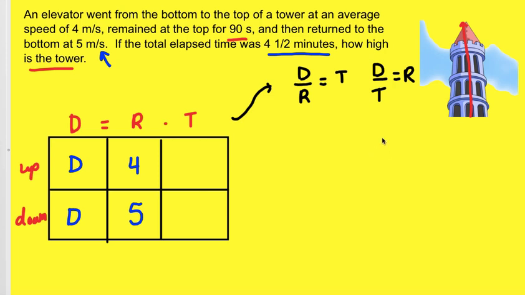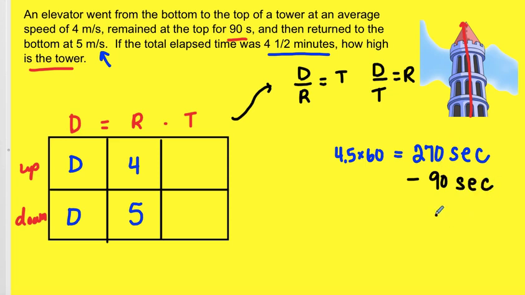I did 4.5 times 60, which gave me 270 seconds. So the whole time the person was away was 270 seconds. However, I have to subtract 90 from that, because they stopped for 90 seconds. That tells me the trip took a total of 180 seconds.